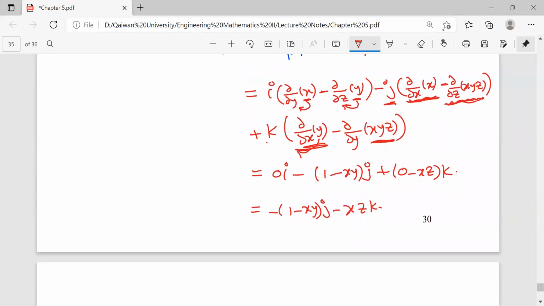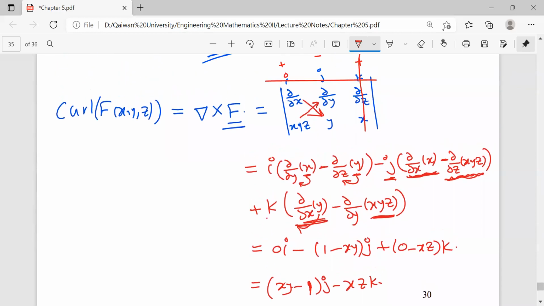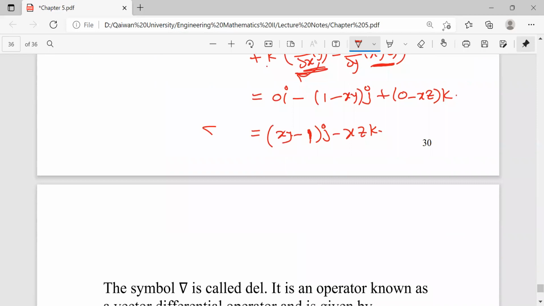You can give this negative sign into the bracket and you get xy minus 1. This is j. This is the cross product of the del operator with f. This is del cross f.